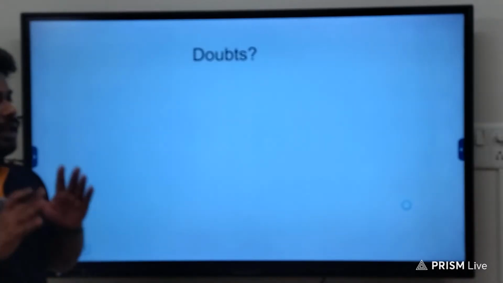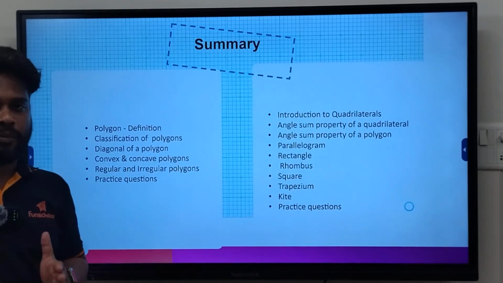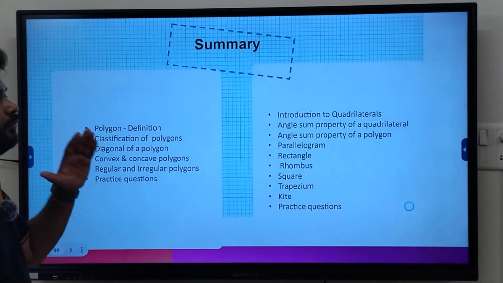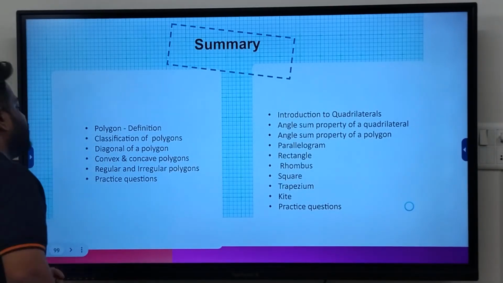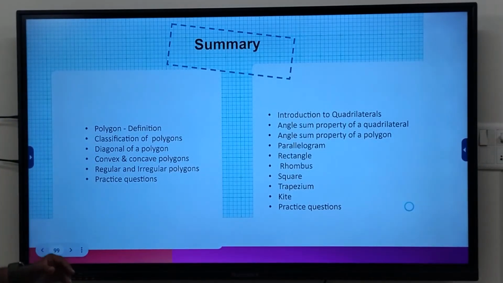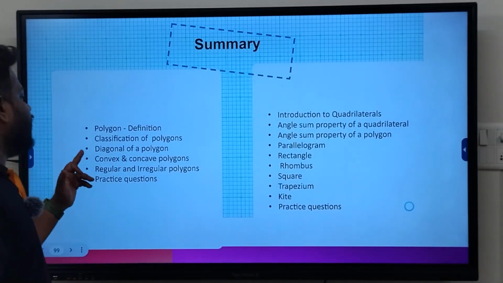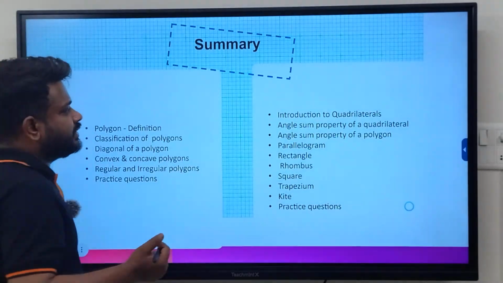Okay, so let's end the class. If you have any doubt, you can write in the comment section, and here is the summary of what we have learned from these two lectures. Last day we discussed polygons, classification of polygons, diagonals of a polygon, convex and concave polygons, regular and irregular polygons, and also practiced some questions.